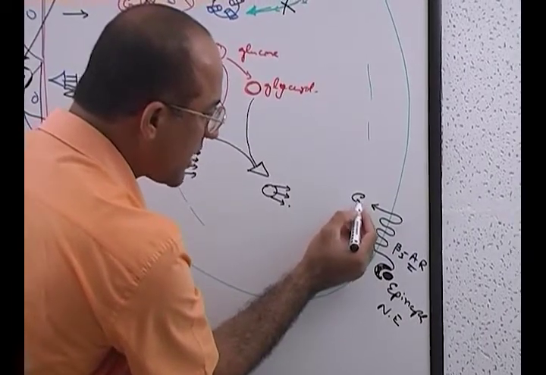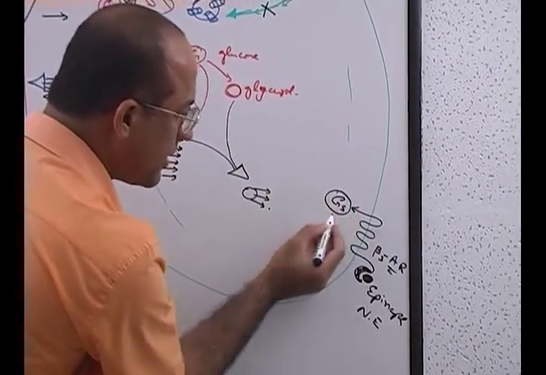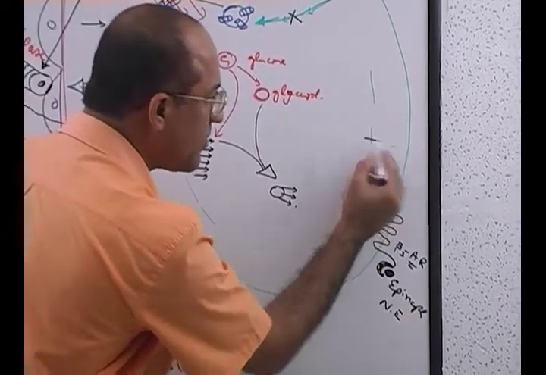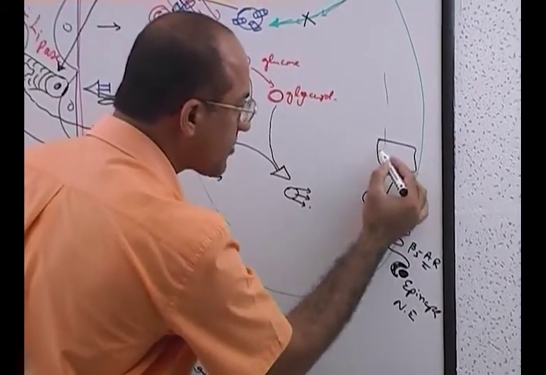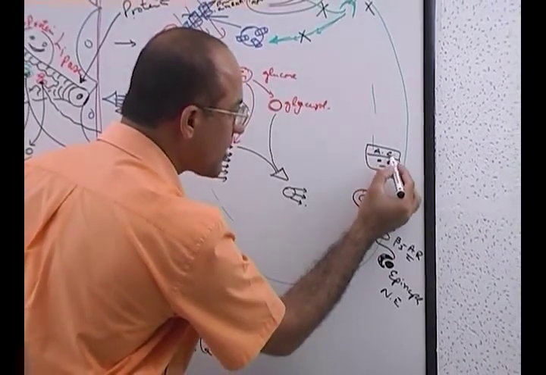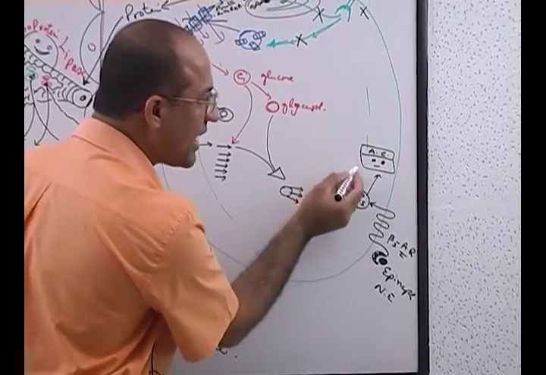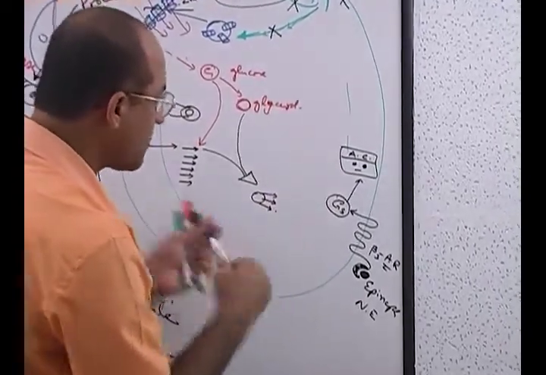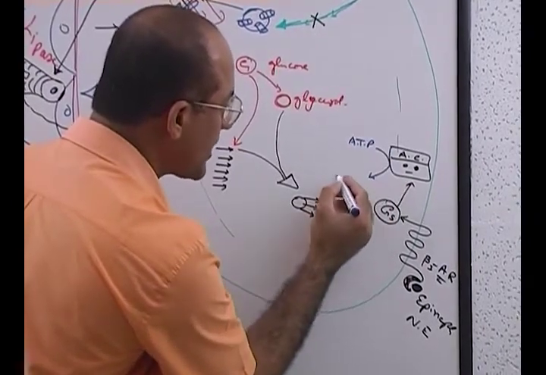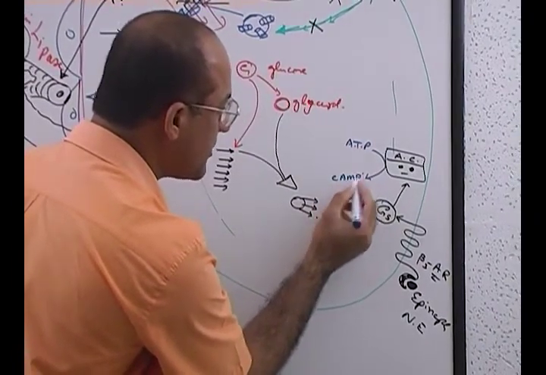There is a special protein called G stimulatory protein. This G stimulatory protein is stimulated, and it stimulates another enzyme called adenylyl cyclase. When adenylyl cyclase is activated, it breaks down ATP into cyclic AMP.